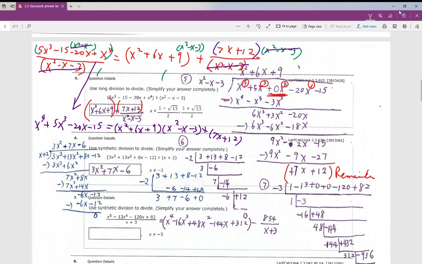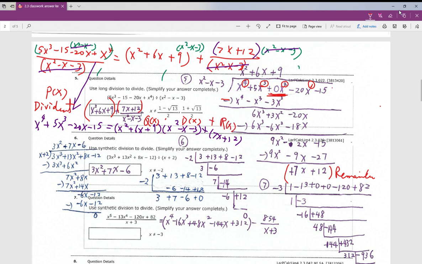Okay? So in other words, your dividend equals the quotient times your divisor, and this we call the polynomial. For dividend we use P of x, and for divisor use D of x, plus the remainder.